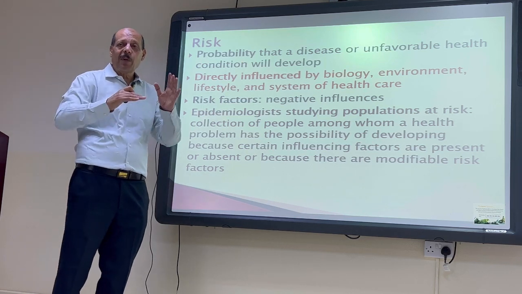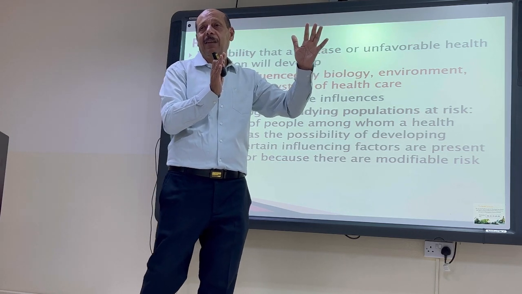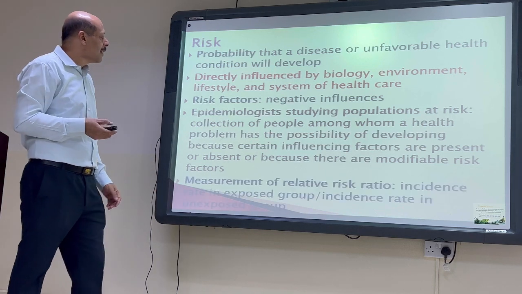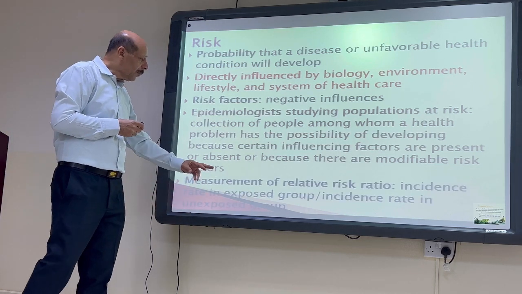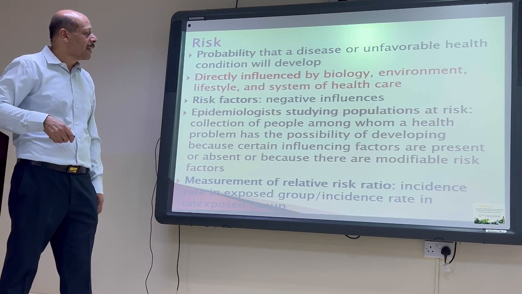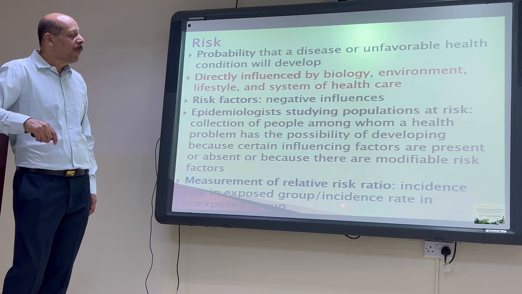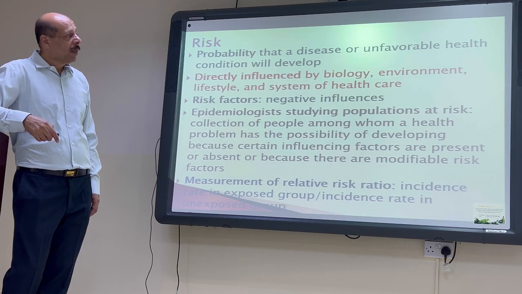So they started with those who are at a big risk, like diabetic patients, because their immune system is also affected. Measurement of the relative risk ratio indicates the rate of the exposed group, which is the incidence rate, and the unexposed group.